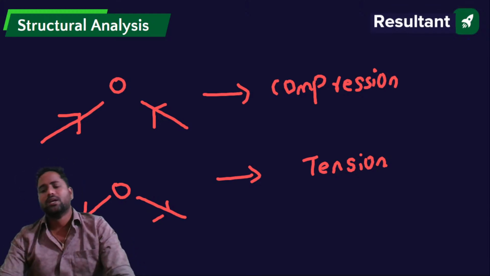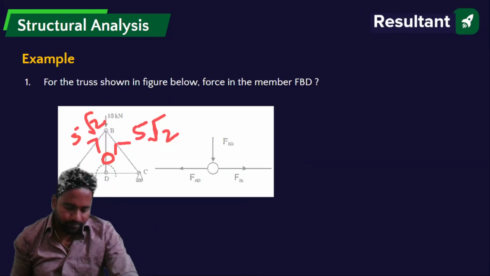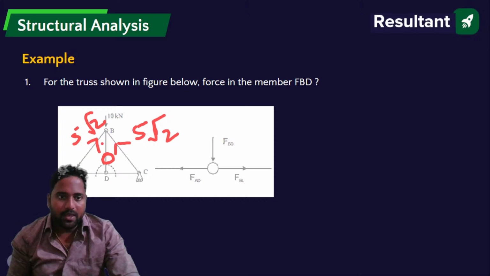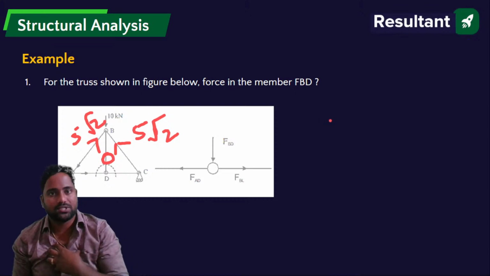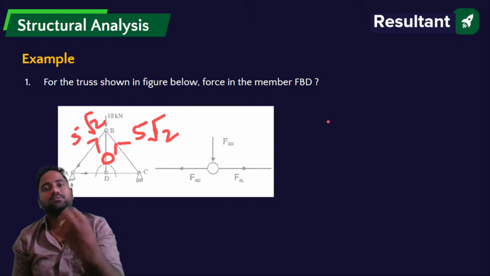Always remember this. In the previous problem, FAB and FBC are both acting towards the joint. While calculating, I also got positive, which means my assumed direction is correct. If you get negative, change the direction.